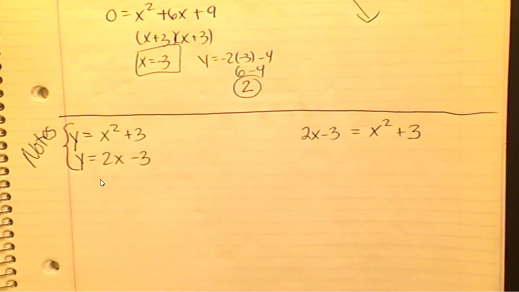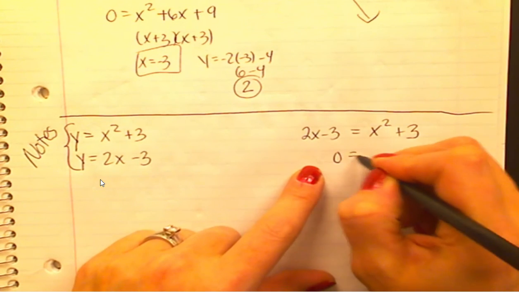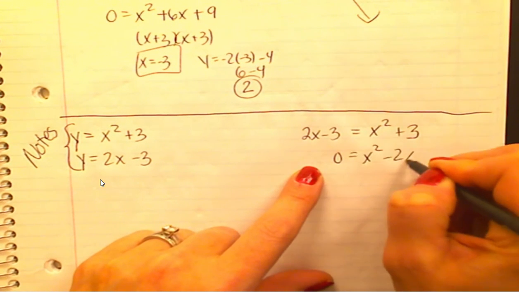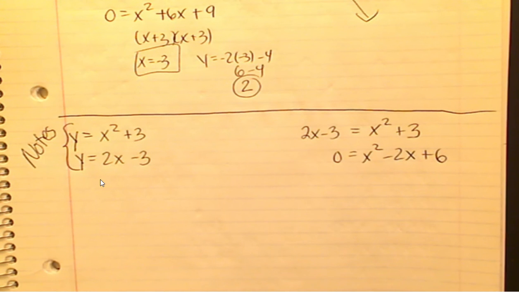You're like, how do I solve it? You're getting stuck at the equation where you're like, okay, 0 equals, and you don't know what to do next. You could complete the square. You could not complete the square. It doesn't isolate and it doesn't factor.